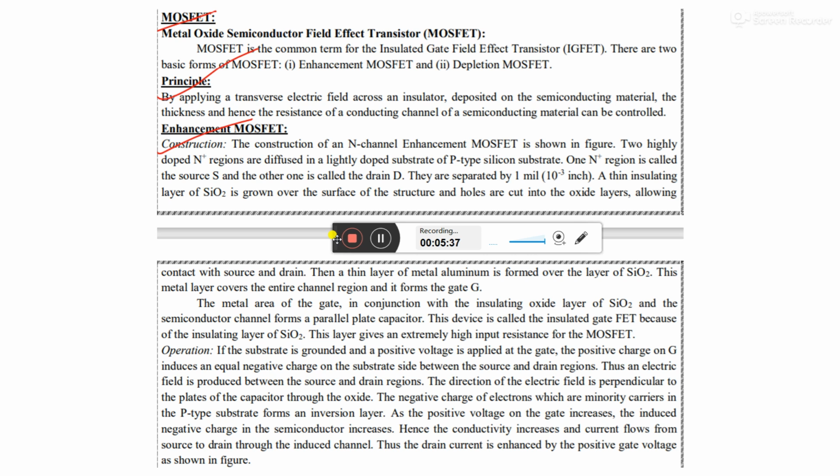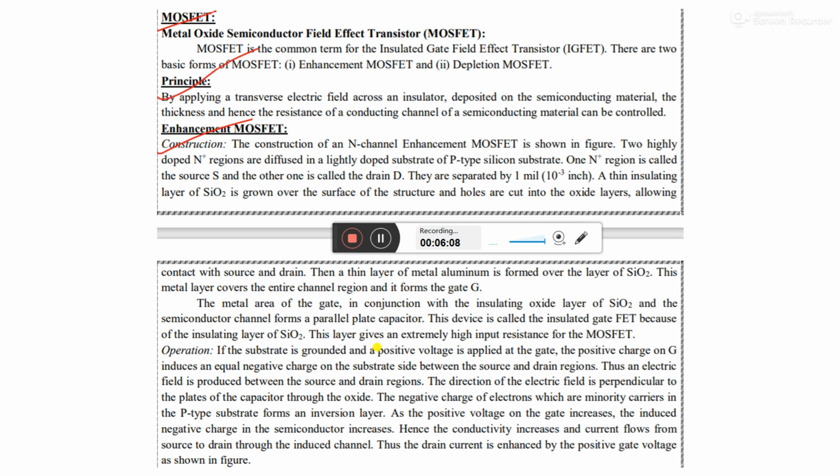They are separated by some space. After that, a thin insulating layer, that is an SiO2 layer, is grown on that surface. And after that, a metallic contact is drawn, which separates the substrate body from the terminal called gate. That's why it is called insulated gate.